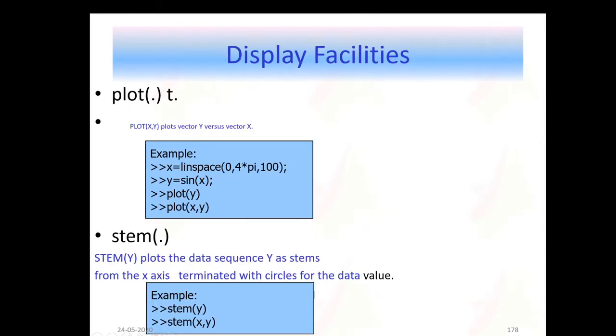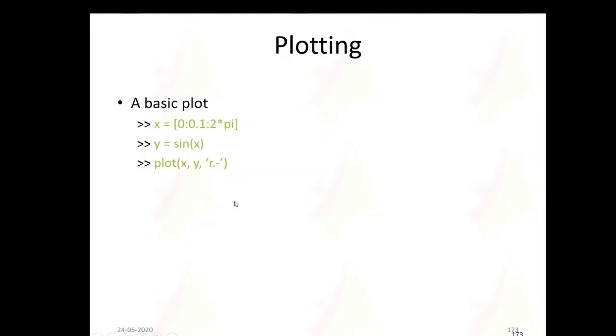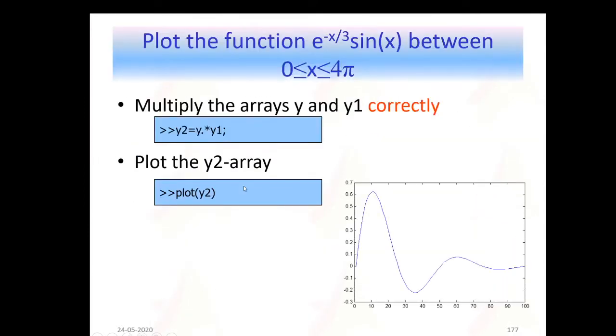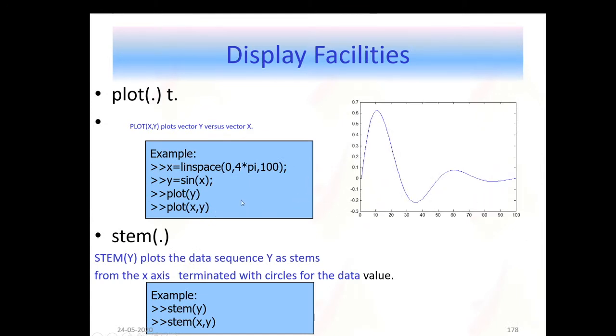Okay. Now similarly we have the same thing, but this time I am using linspace. Previously I didn't use linspace. Here in this function I am using linspace, sine, plot y and plot x y.